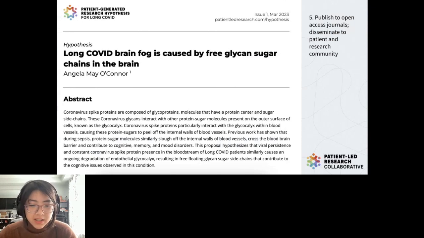And so this to us is patient led because we not only surface our priorities, but we help guide the research teams who will hopefully take on the hypotheses that we generate and incorporate them into their studies.